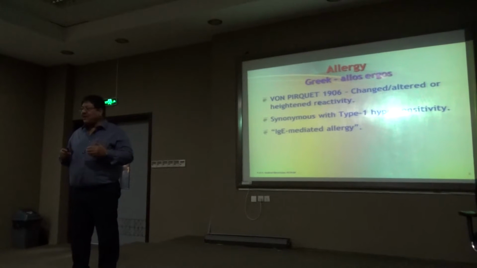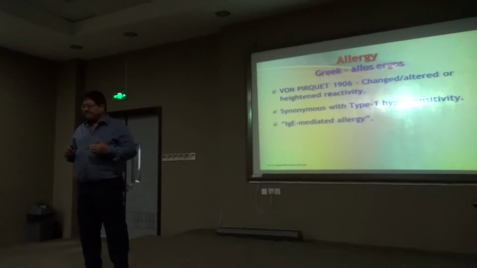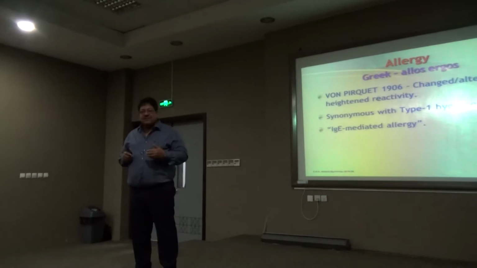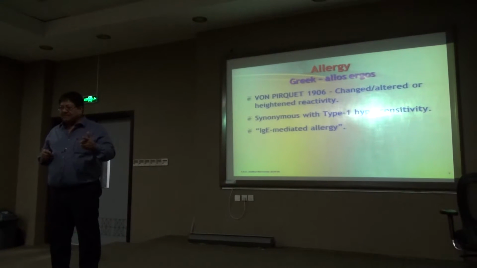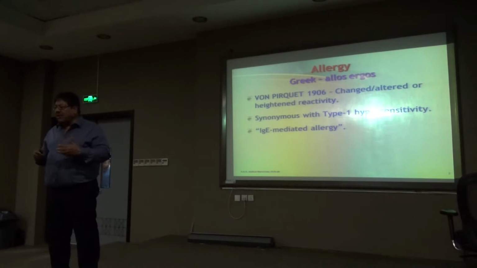We have only 2 types of cells, basically the mast cells and the basophils. All right? They contain granules, in fact they contain histamine. And when they are released, the reactivity to our body or system could be minor, could be very drastic.